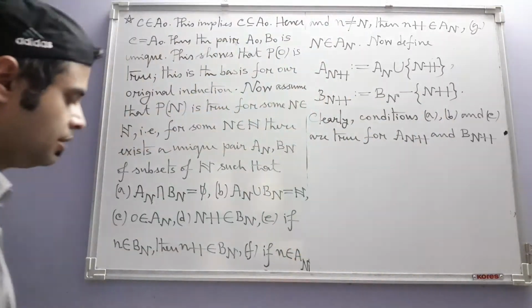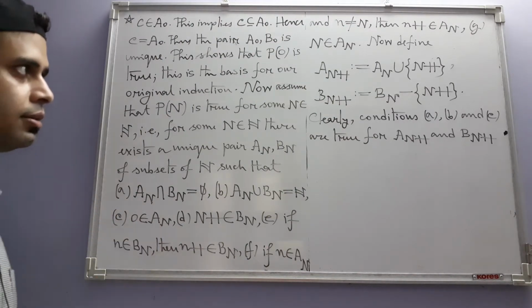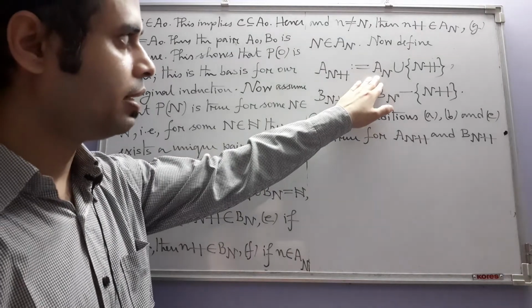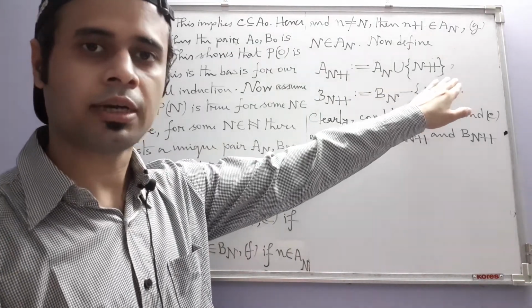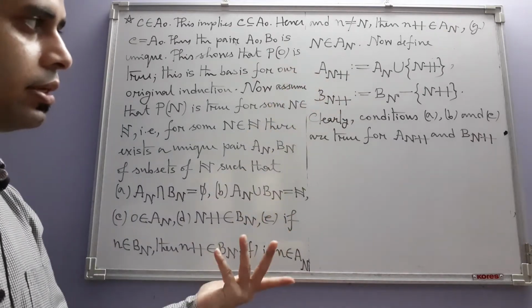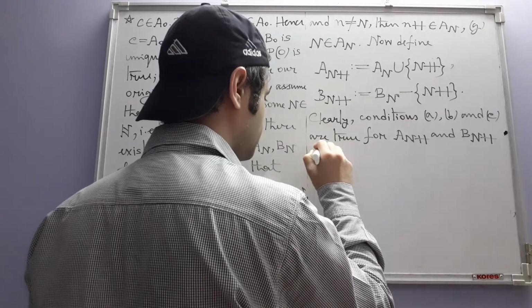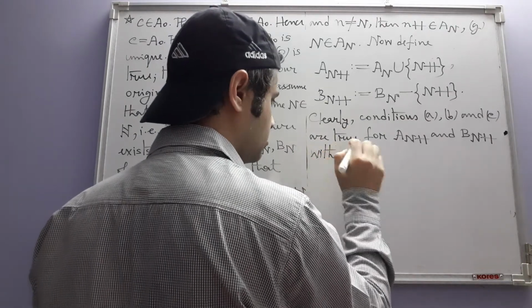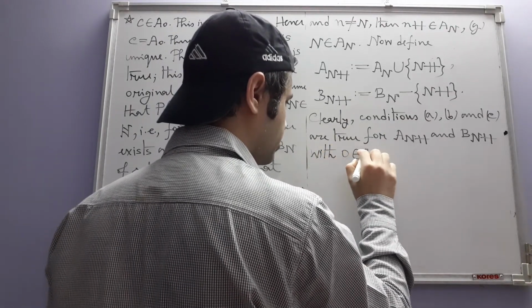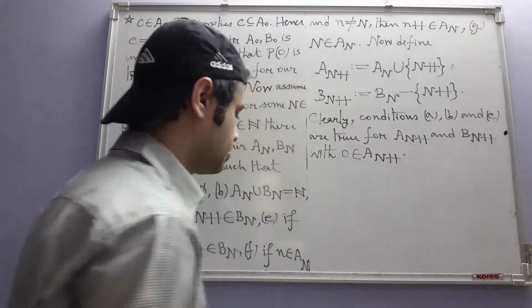What is condition C? Condition C says that 0 belongs to An. Since 0 belongs to An and this is union of An with another set, so 0 also belongs to An plus plus. So these three conditions are clearly true with 0 belonging to An plus plus.